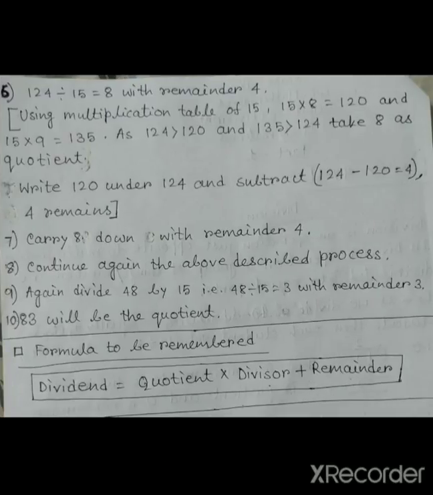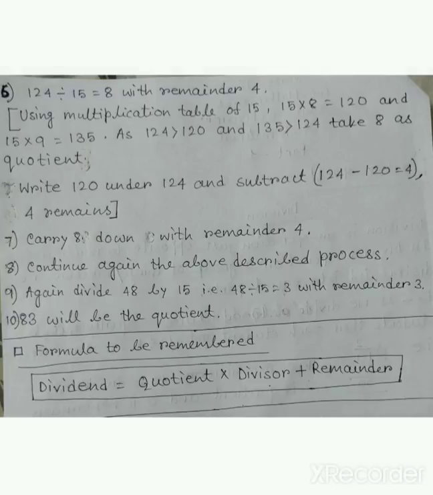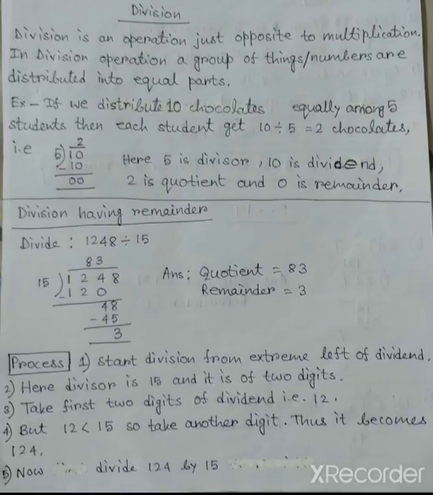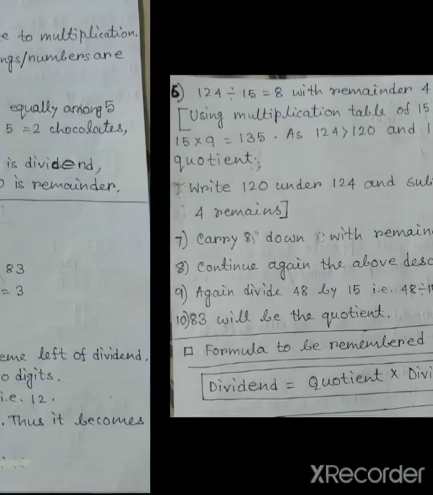Again we use the multiplication table of 15 and continue the above mentioned process. Thus, divide 48 by 15 equals 3 with remainder 3. So, 83 will be the quotient in this division. This is the total explanation of this division.